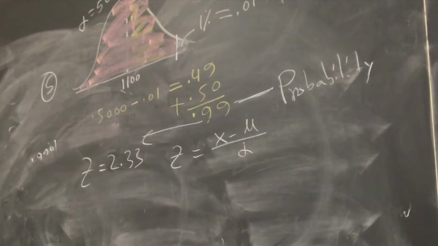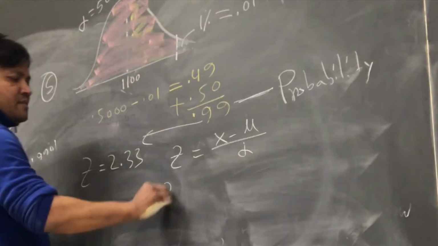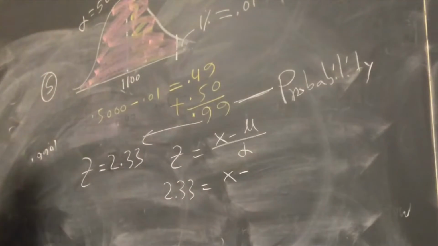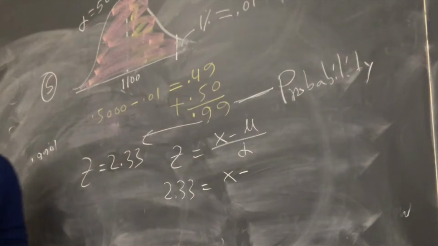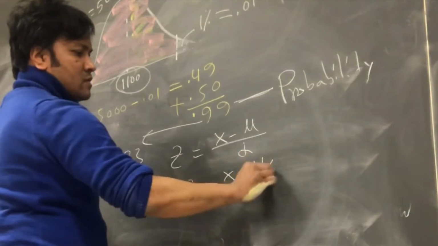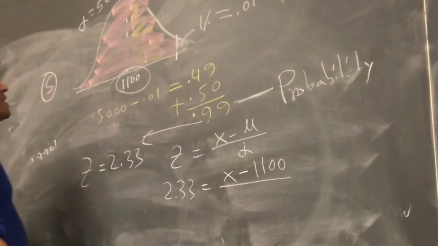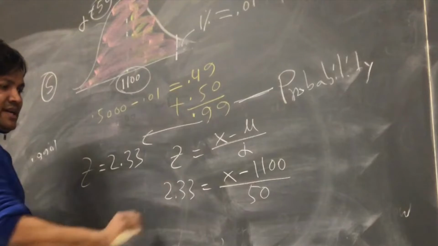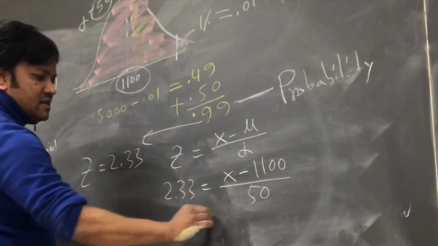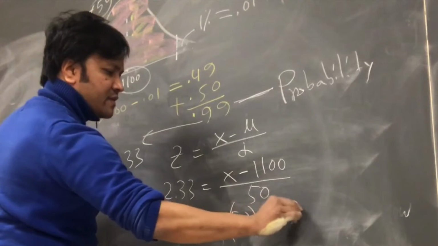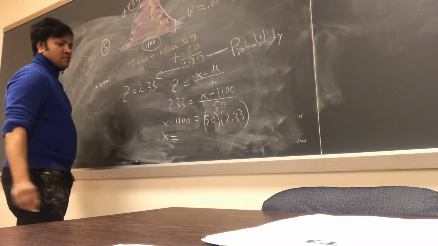So Z should be replaced by 2.33, equal to X minus, what is our mu? 1100. And the standard deviation? 50. So that would be X minus 1100 is equal to 50 times 2.33, which is 1216.5.